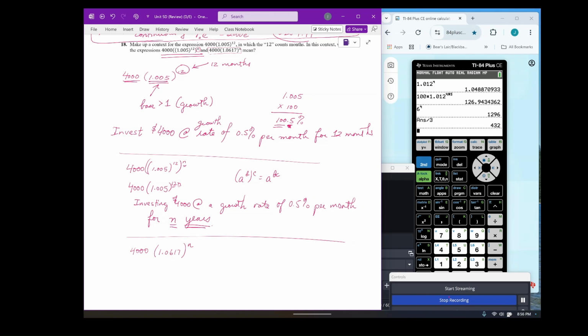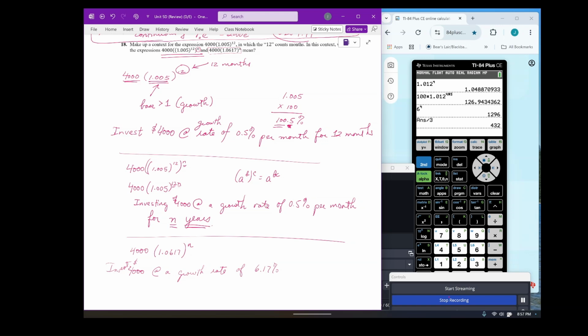So one way of reading this is you're investing $4,000 at a growth rate of 6.17% per something for n of those somethings. Like, so if it's per year for n years, right?